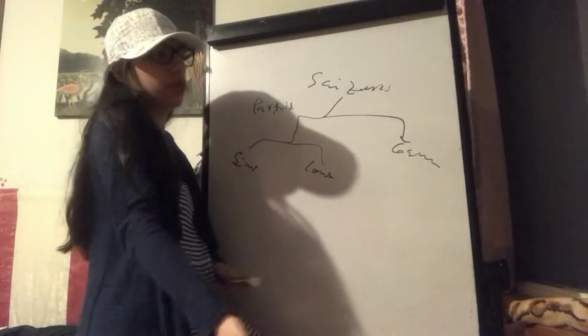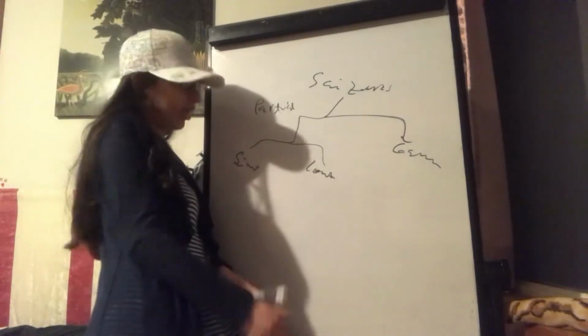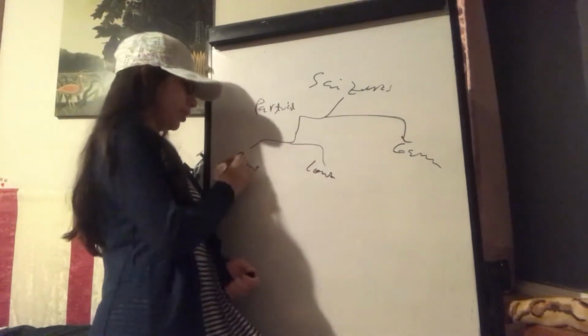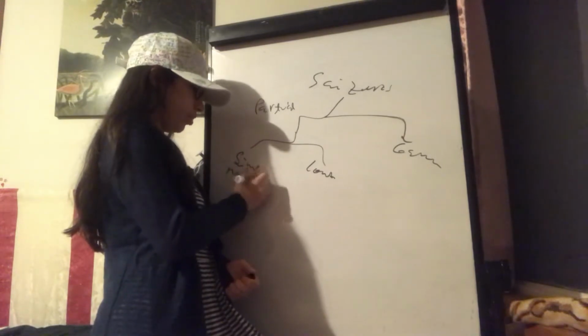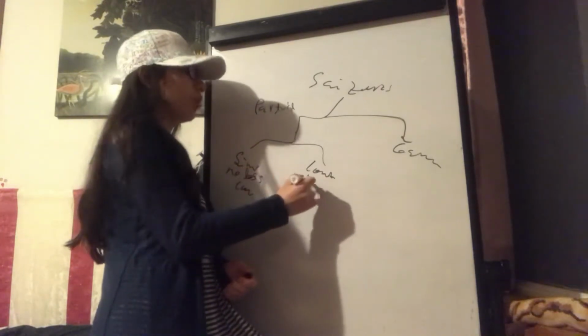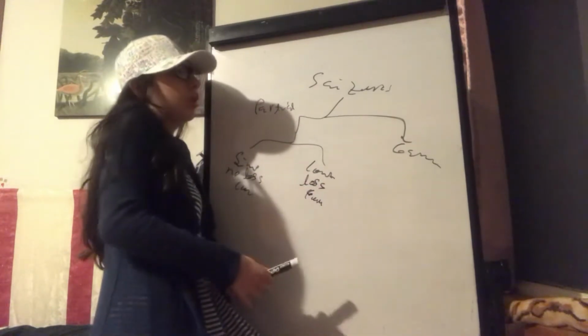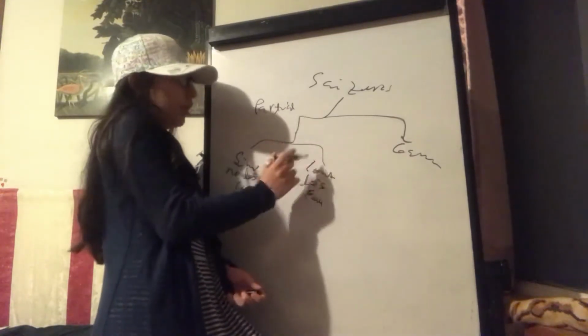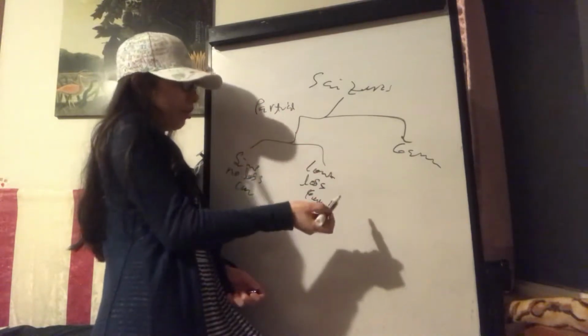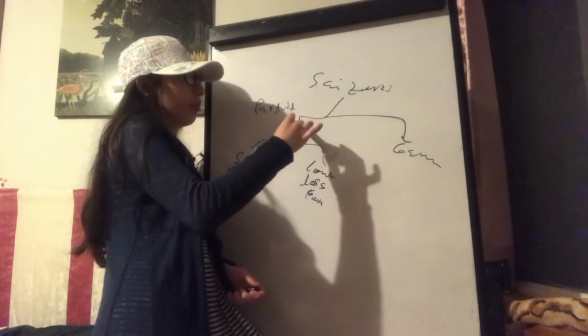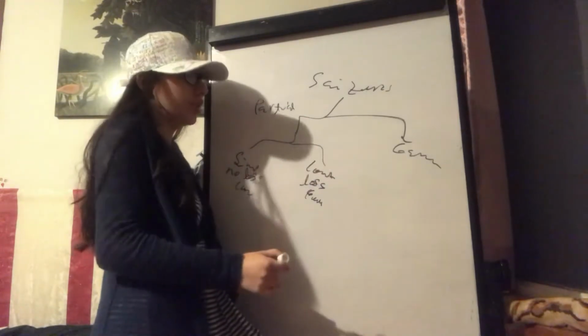For example, it's just twitching of one arm or something like that. Simple means no loss of consciousness, and complex is loss of consciousness. Either the simple or the complex partial seizure can progress into the generalized seizure.